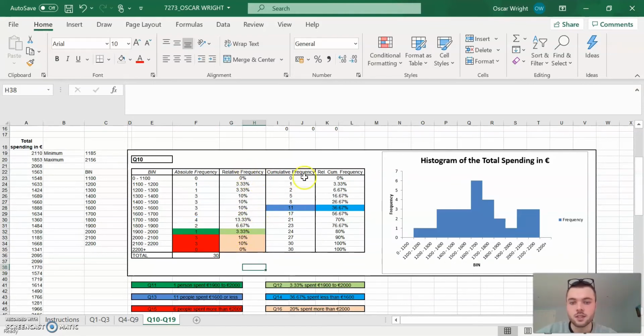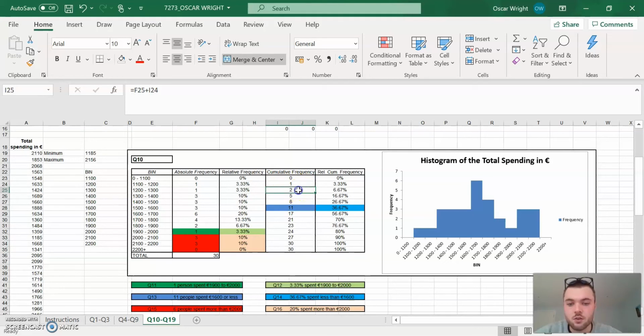That's the relative frequency. Now for the cumulative frequency, essentially it's added up. It's essentially the frequency plus the total so far. So we have the same as the absolute frequency for the first two columns because it's 0 and then 1. But then for the next column, essentially you can see that it's the newest frequency plus the frequency that we had up to this point.